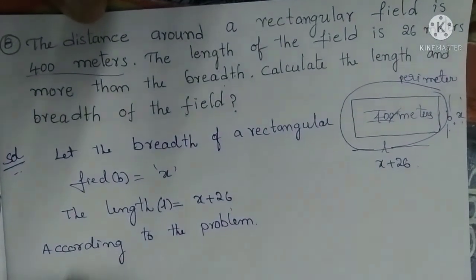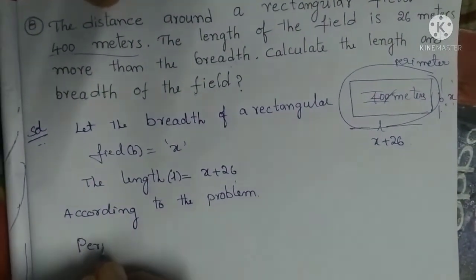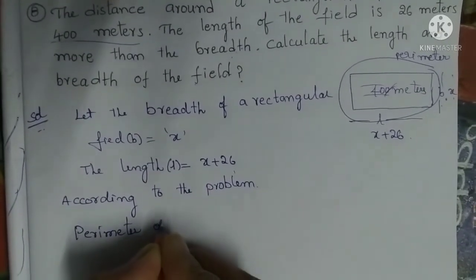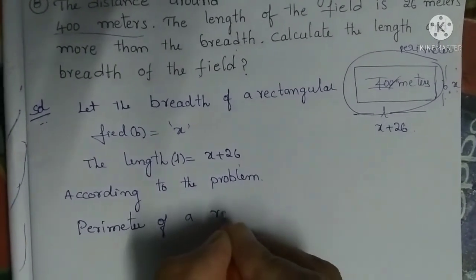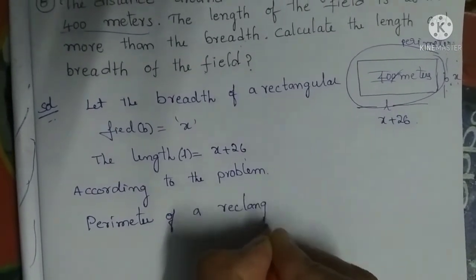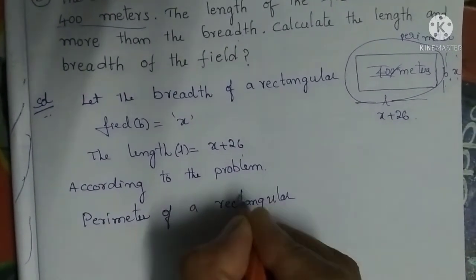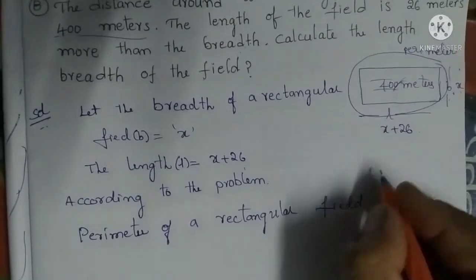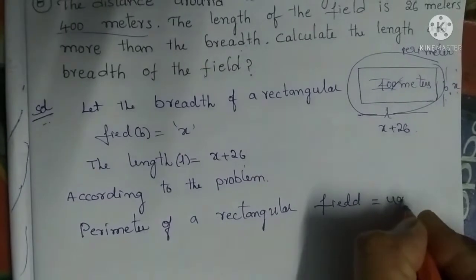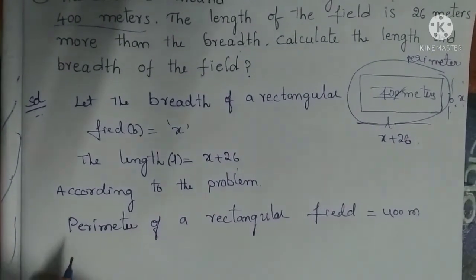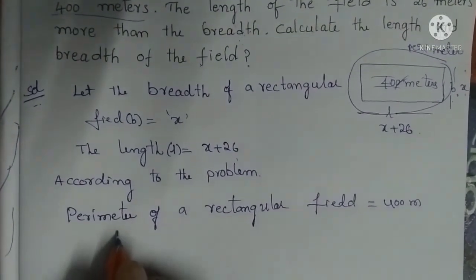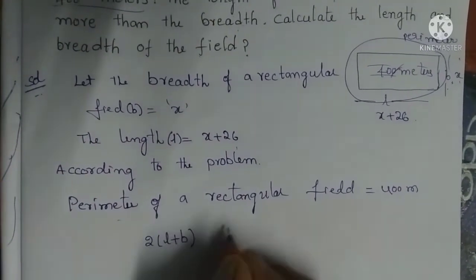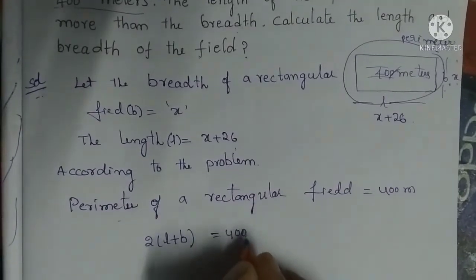So here it means the perimeter of the rectangular field is equal to 400 meters. Okay. What is the formula? Perimeter of a rectangle is 2 into (L plus B), equal to 400 meters.